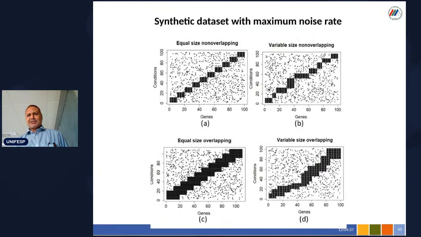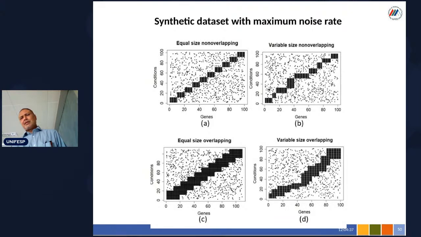The synthetic data means we prepared data where we intentionally embedded some biclusters. Here are the biclusters with non-overlapping equal size, non-overlapping variable size, overlapping equal size, and overlapping variable size. And we also added a lot of noise here.